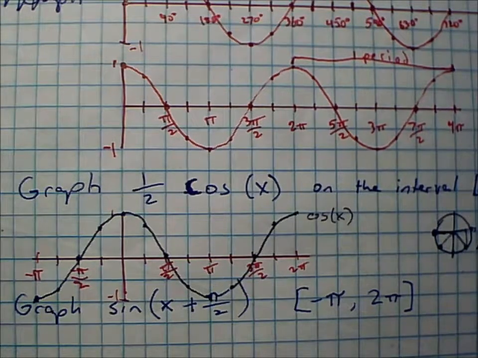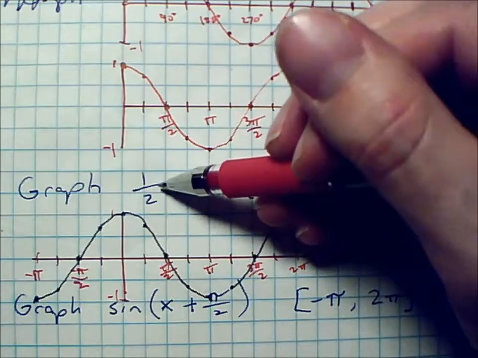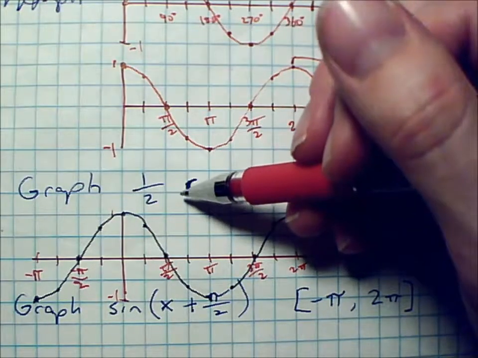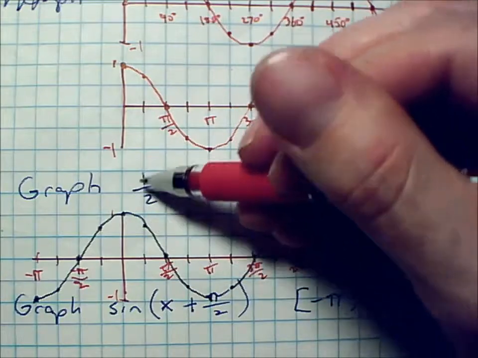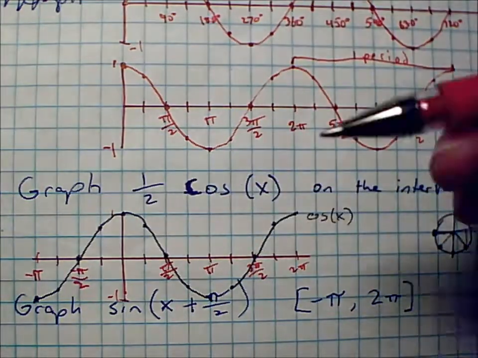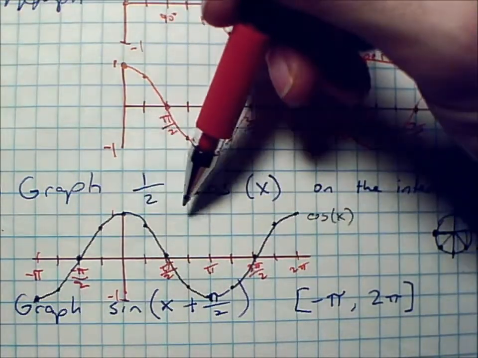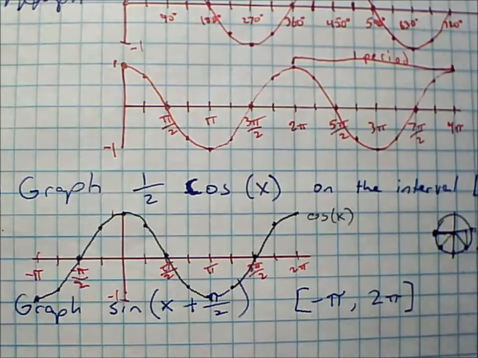So in red, I'm going to graph half of cosine. So this half is multiplied by cosine, so it's going to be a stretch or shrink, and specifically here a shrink. And it's on the outside of the function, so it's affecting the y values. So I'm multiplying all of the y values by 1/2.